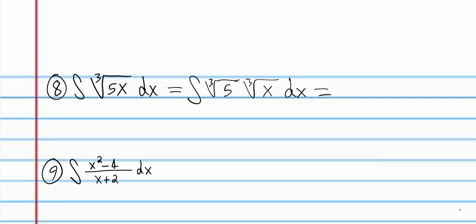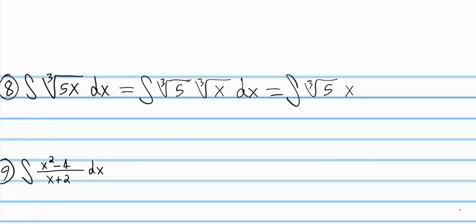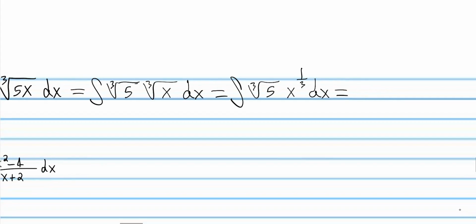So now we're going to change to x to the 1/3 power. And now we're ready to find the antiderivative. Remember, we have to add 1 to the exponent, so that gives us 4/3.